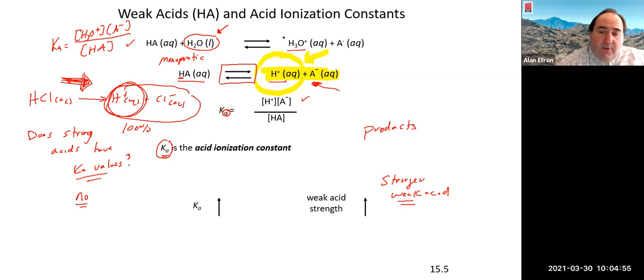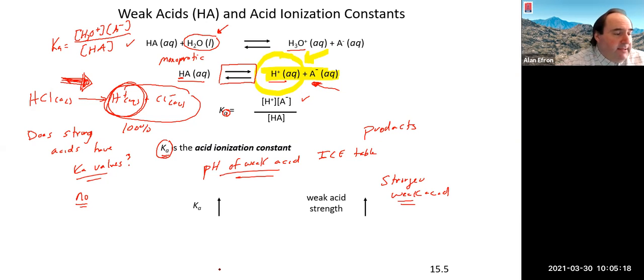Now, how do we go about figuring out the pH of a weak acid? Well, the pH of a weak acid can be figured out pretty much with an ice table. Because it's an equilibrium, because it's a weak electrolyte and it sets up that equilibrium condition, we can simply do an ice table here to figure out the pH.